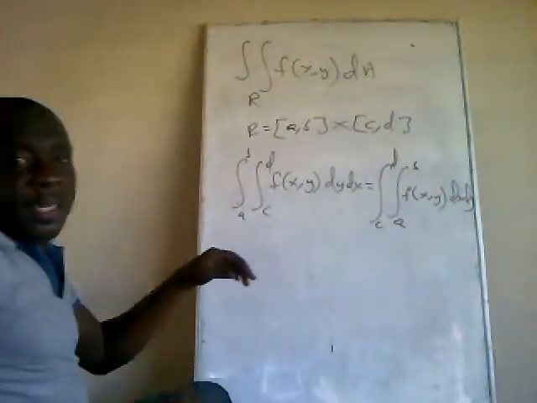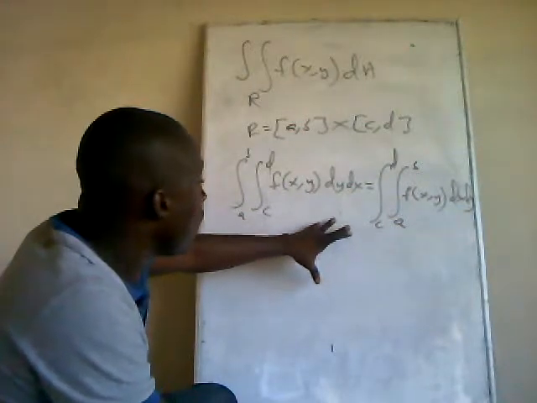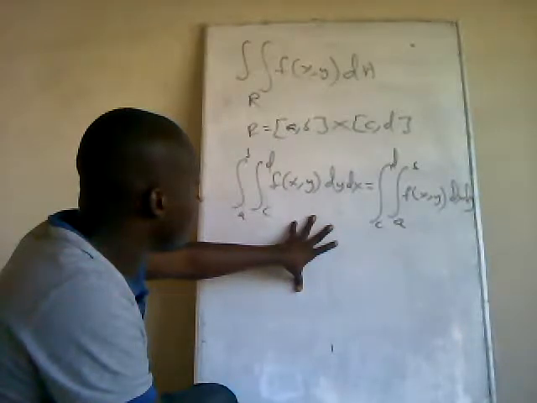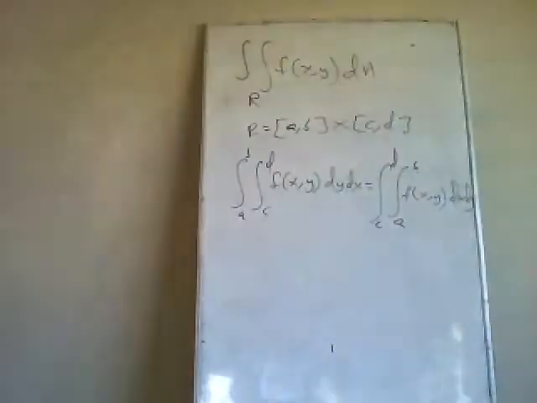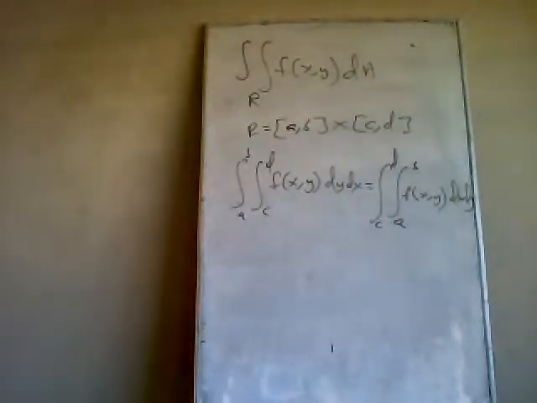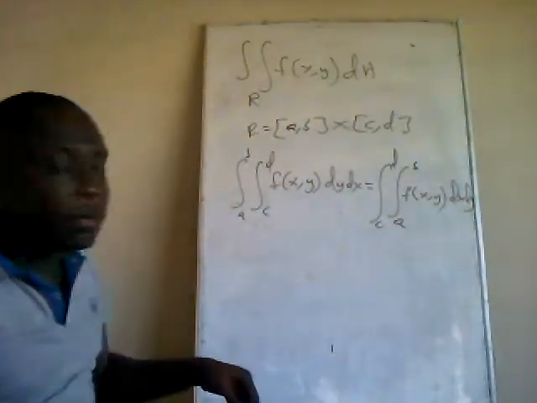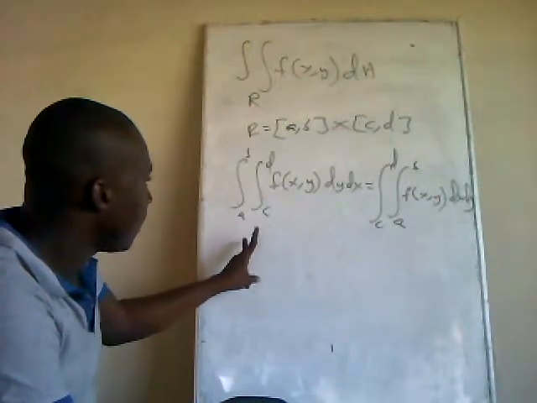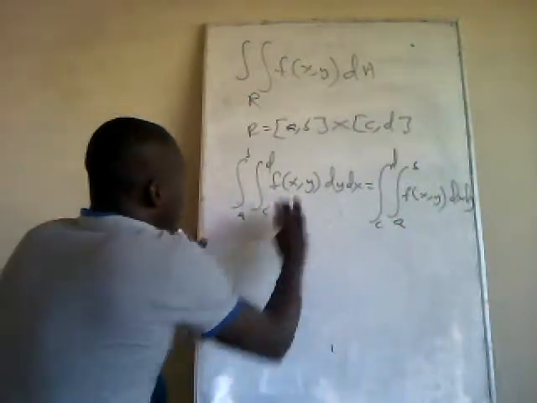You may not really understand this, but Fubini is saying that it doesn't really matter which one you do first. We can just swap them. Let me give you an example for you to understand.